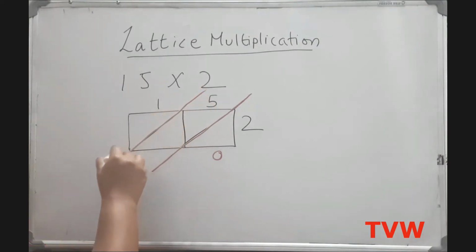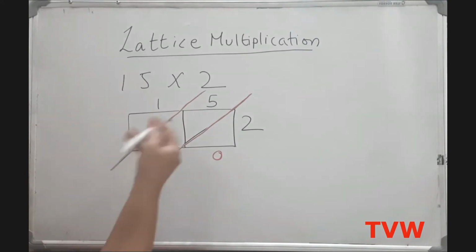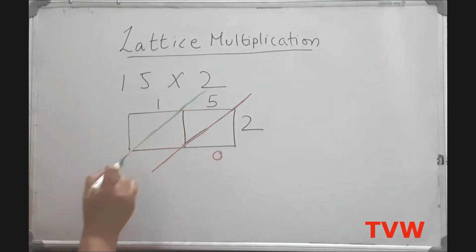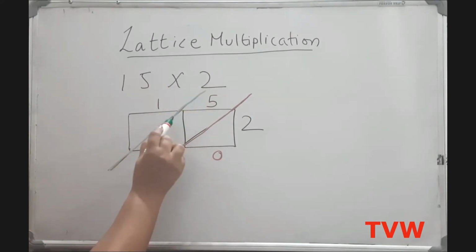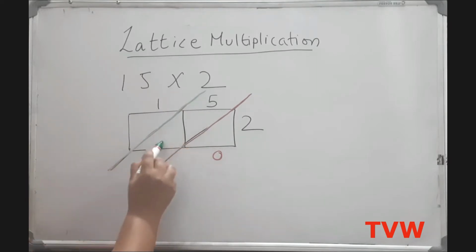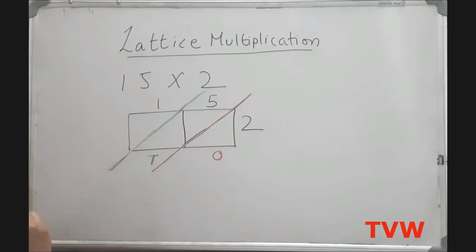Whatever is below, let me indicate this with a different color. So whatever is below the green diagonal line is for the tens place. And whatever is in the uppermost triangle is going to be for the hundreds place.